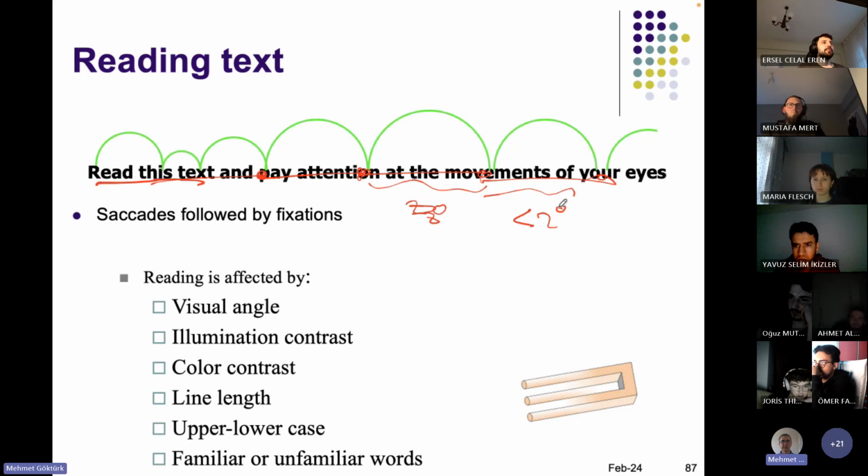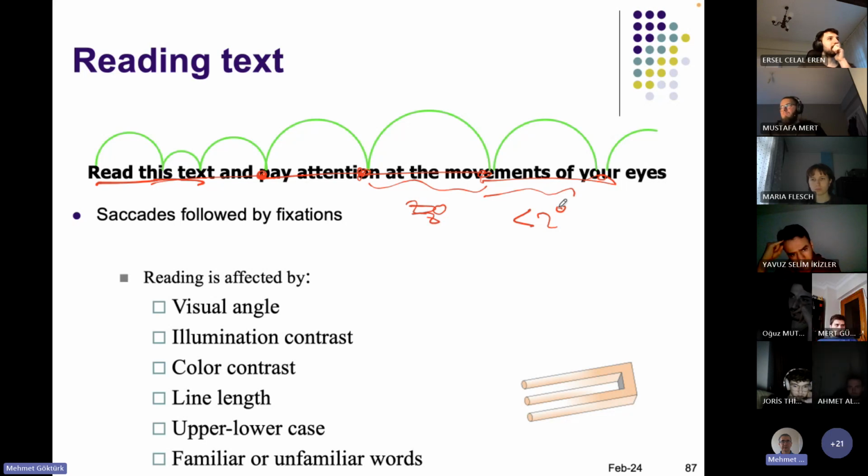It also depends on difficulty, and if you are reading a foreign language, your eye patterns are different. So I can tell by looking at the eye movements whether the language is a foreign language or a native language to you, because eye movements change.